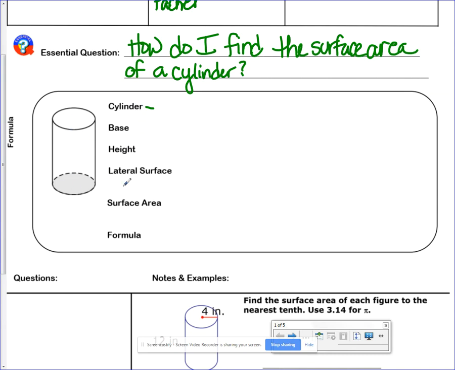Here's what we're after. A cylinder is prism-like, meaning it has a top and a bottom base that are exactly the same size.